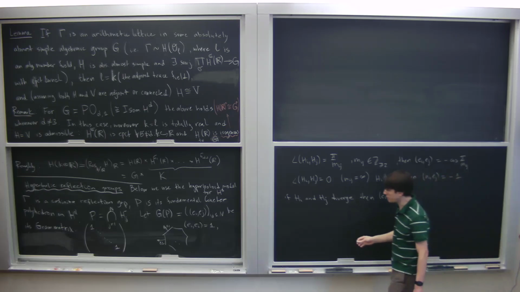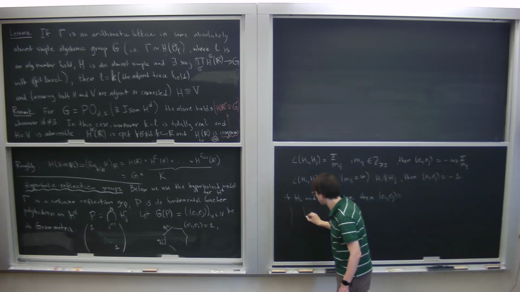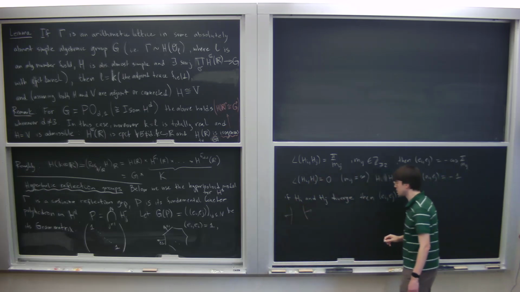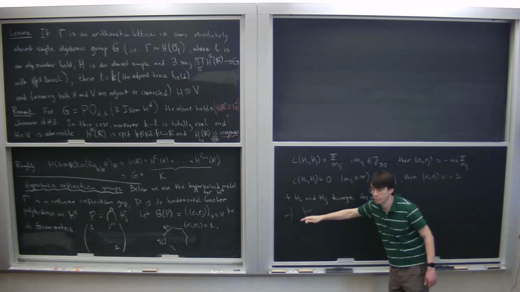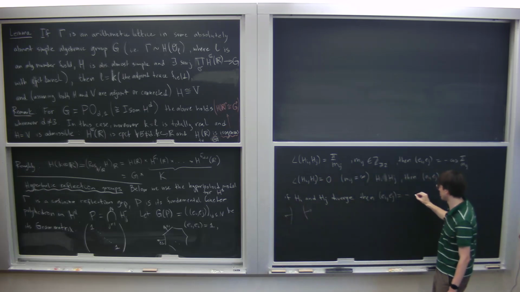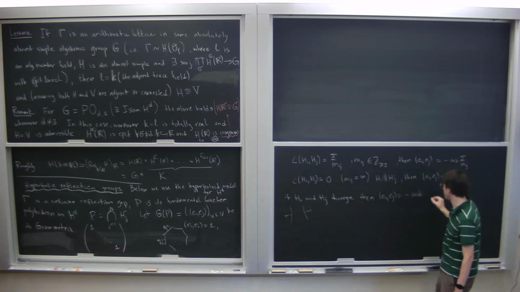If these hyperplanes diverge, then this describes the distance between these hyperplanes. Moreover, this is equal to minus the hyperbolic cosine of the distance, I denoted it rho, right, between h_i and h_j.